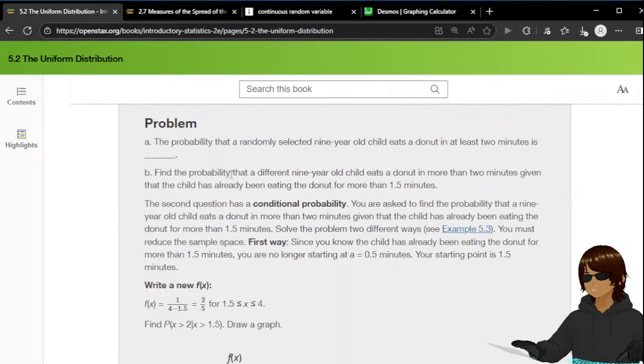The next question is, find the probability that a different 9-year-old eats a donut in more than 2 minutes, given that the child has already eaten the donut for more than 1.5 minutes.